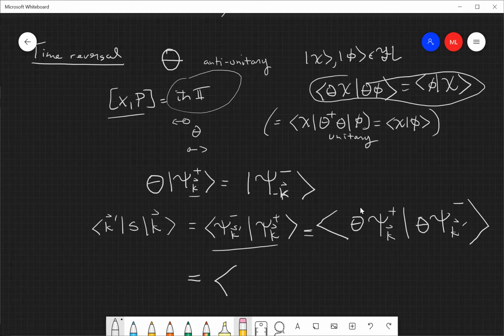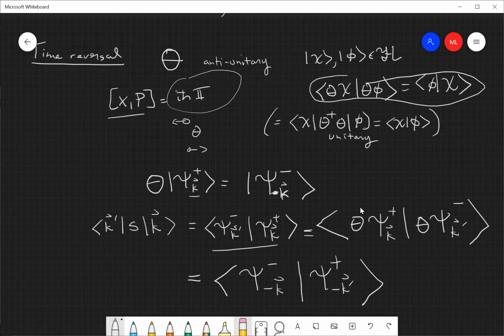We can use this property that we intuitively know: the time reversed outward scattering state must be the same as the inward state with the opposite direction for the incoming plane wave. And similarly, if we time reverse the incoming guy, then we should just get an outgoing guy with the flipped sign of the incoming momentum, like that.